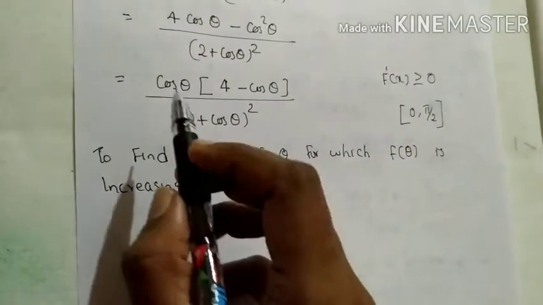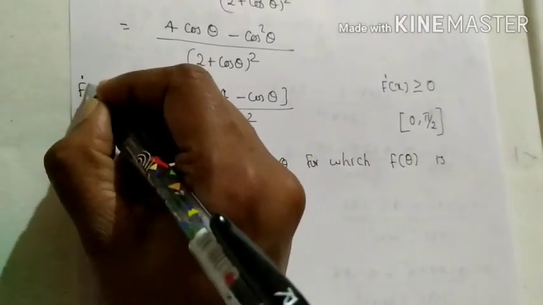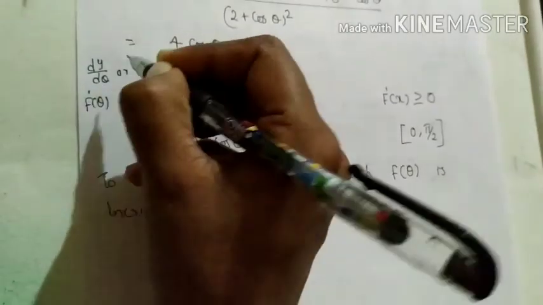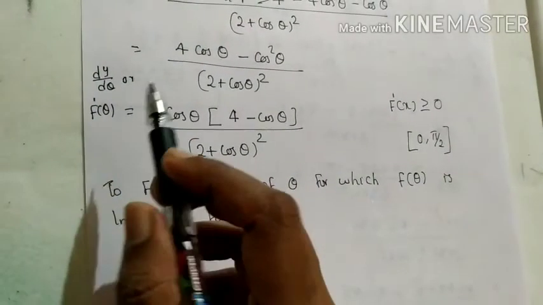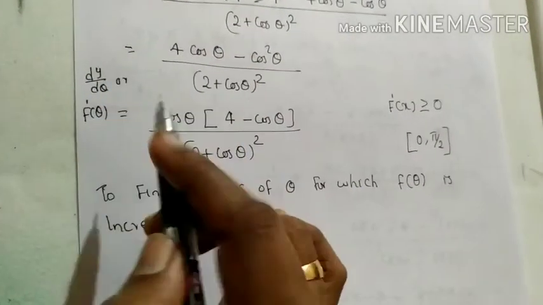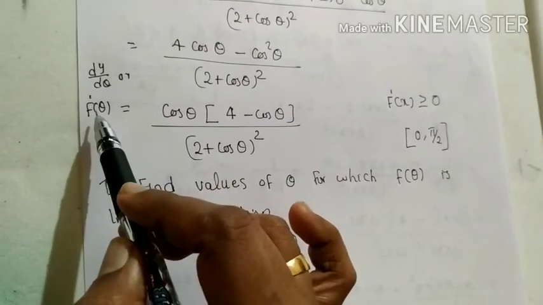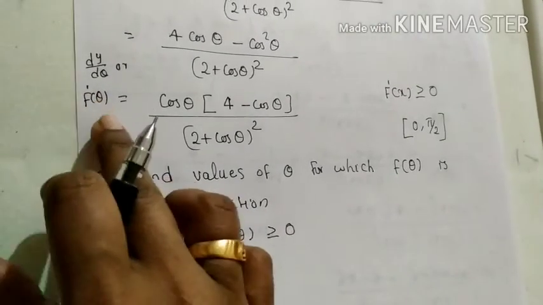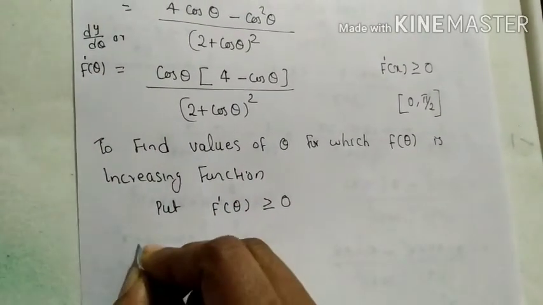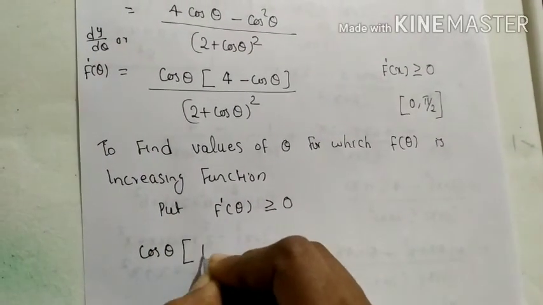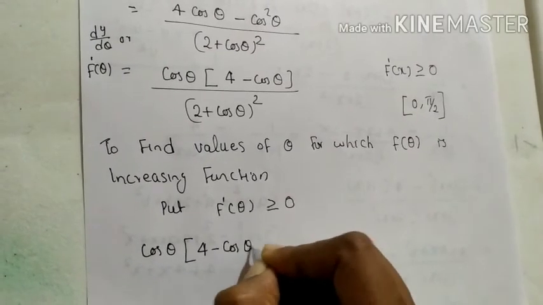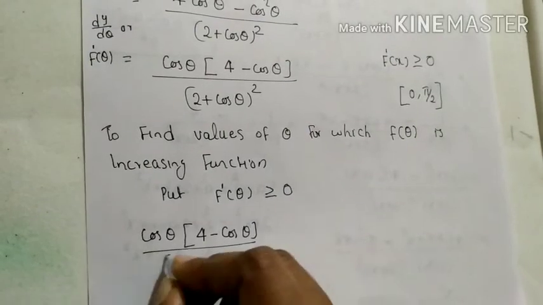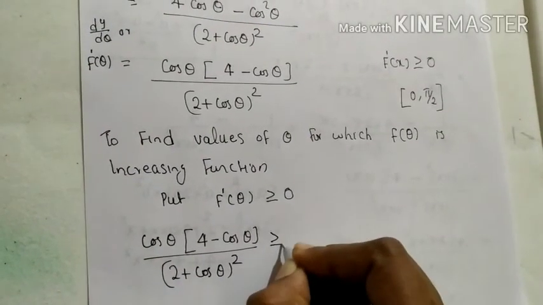So this is our f dash of theta or dy by d theta. We know that the derivative of y can also be written as dy by d theta or f dash of theta. So I am replacing this f dash of theta by cos theta into 4 minus cos theta whole divided by 2 plus cos theta the whole square greater than or equal to 0.